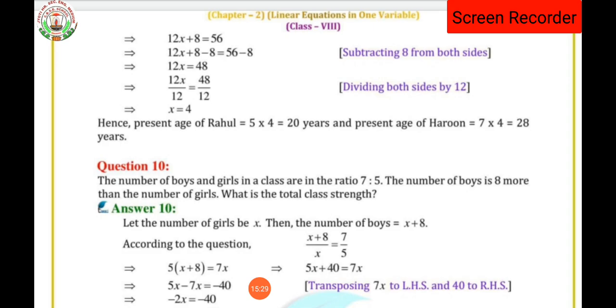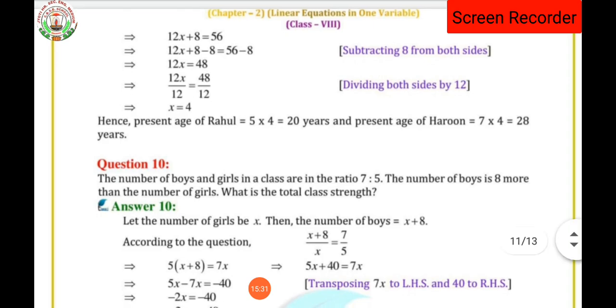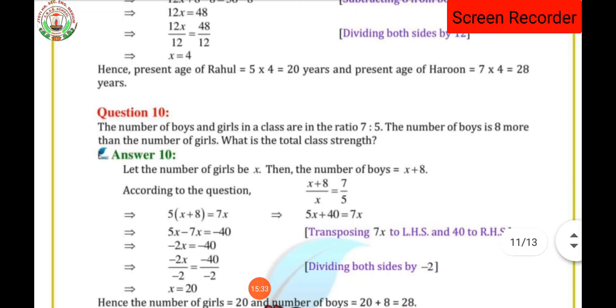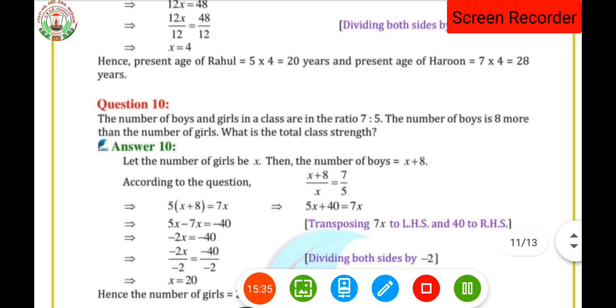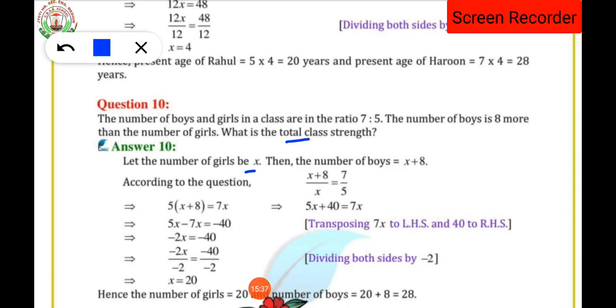So let the total strength be x. According to the question, the number of boys is 8 more than girls. So if the number of girls is x, then the number of boys will obviously be x plus 8.